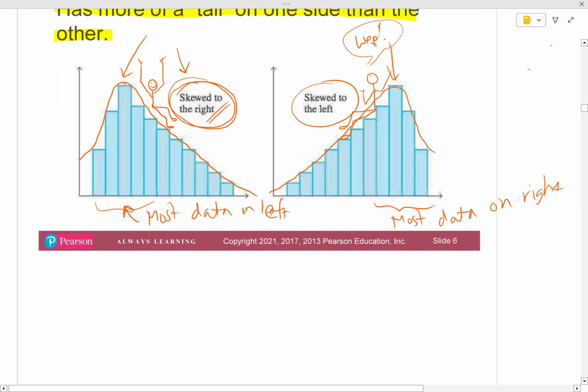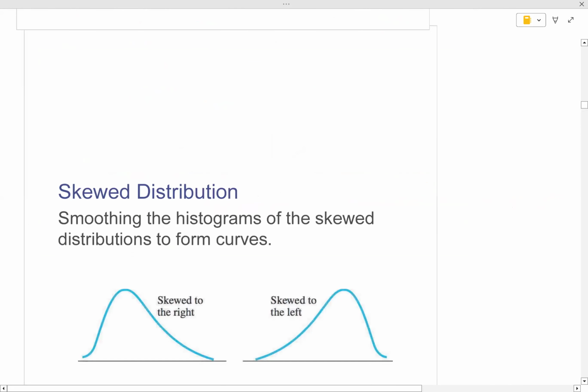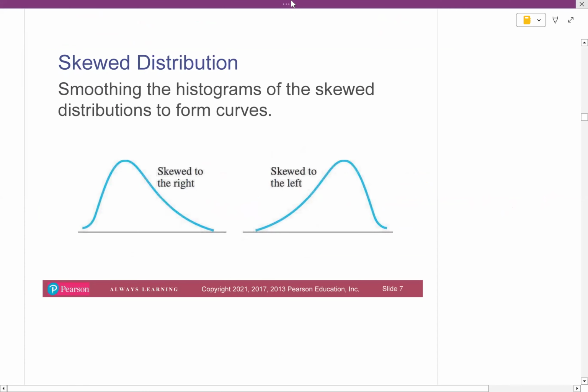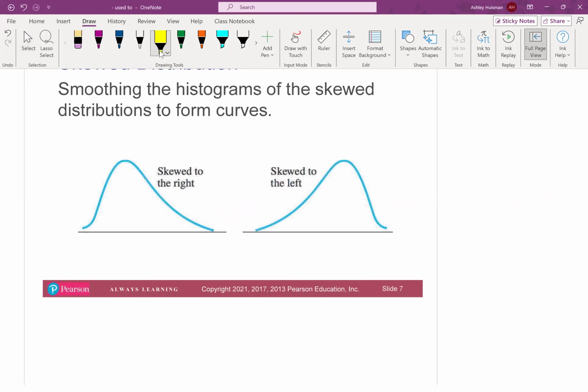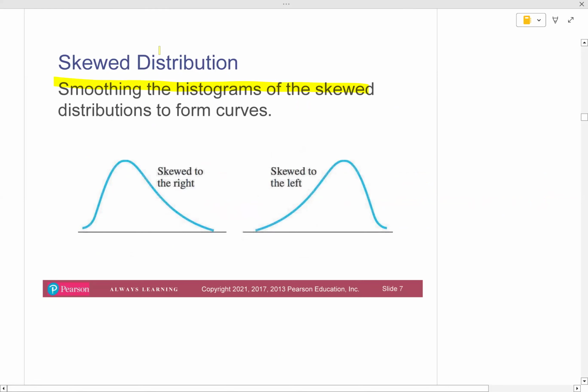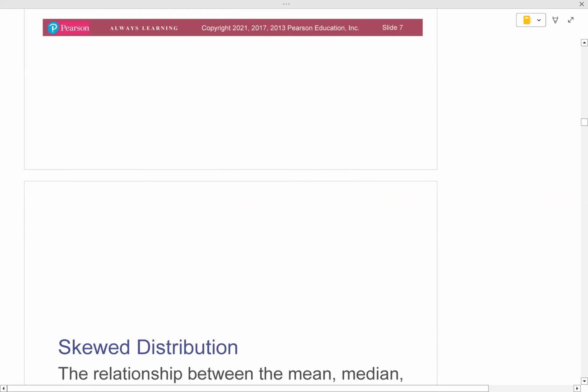Imagine if the thickness of each of these categories was skinnier and skinnier, got narrower and narrower, then it would end up looking like this curve eventually. Skewed distribution, smoothing the histograms of the skewed distributions to just curves instead. So imagine there's a frequency distribution underneath here, but this is the basic shape of it. If you just imagine each of the categories gets narrower and narrower.